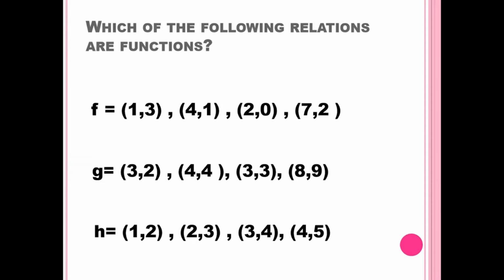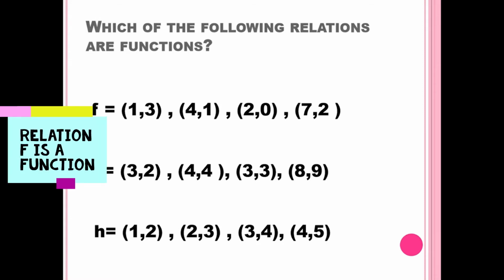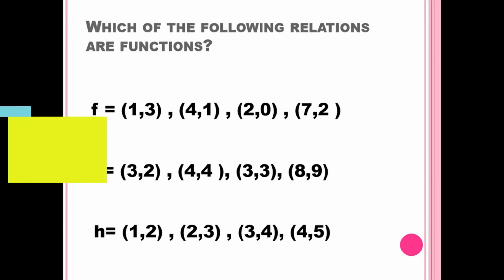So it has to be used only once. Focus your attention on relation F. We have 4 paired numbers: 1 and 3, 4 and 1, 2 and 0, 7 and 2. Notice, is there a number being used twice in the given set? None. So we can say then that the relation F is a function.